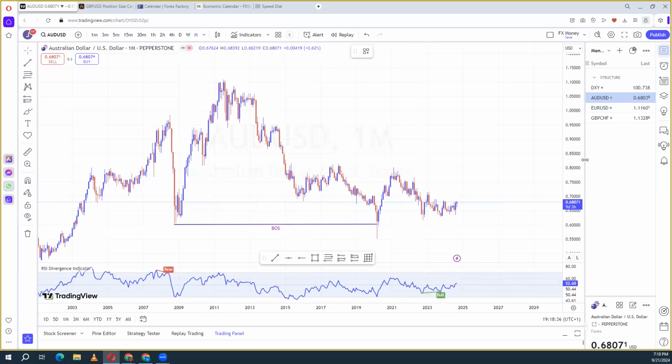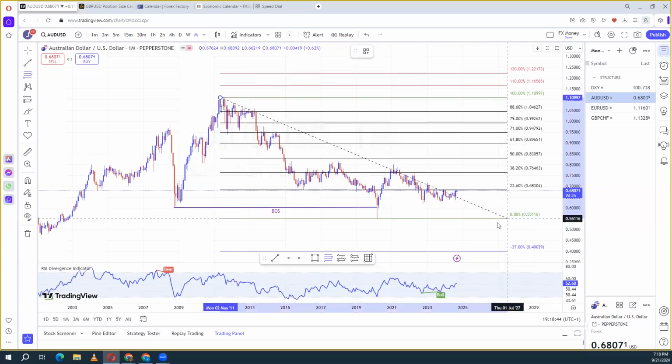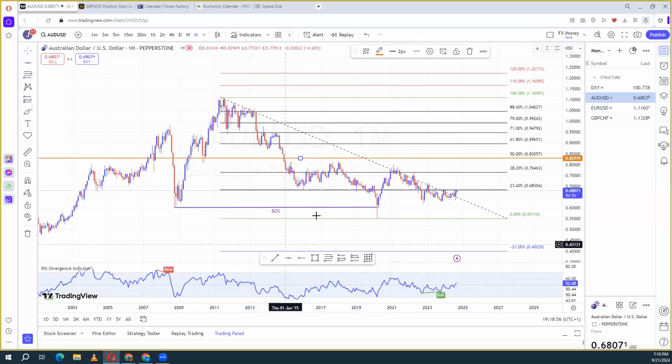And if we take our Fibonacci from the high of that move to the low, these retracements have not touched this area yet, which is our discounted premium area, because it's a downtrend. So we are still permitted to keep looking for buys, at least for now, on the monthly.